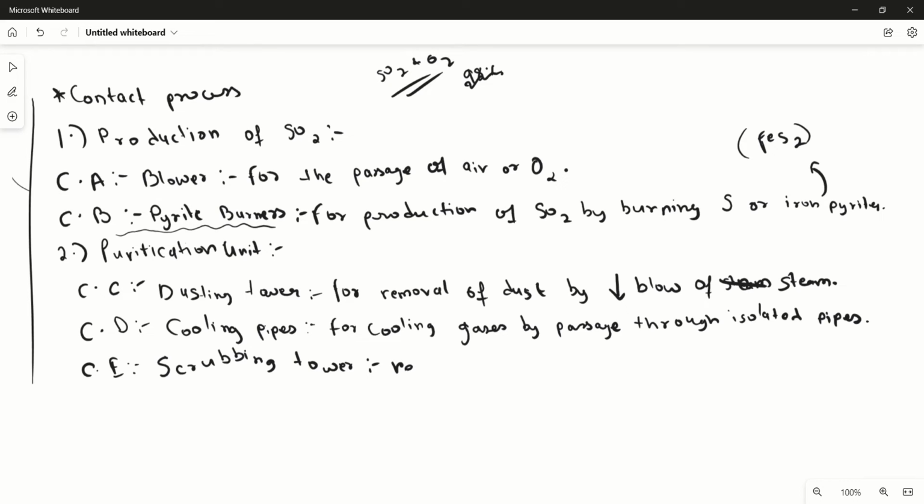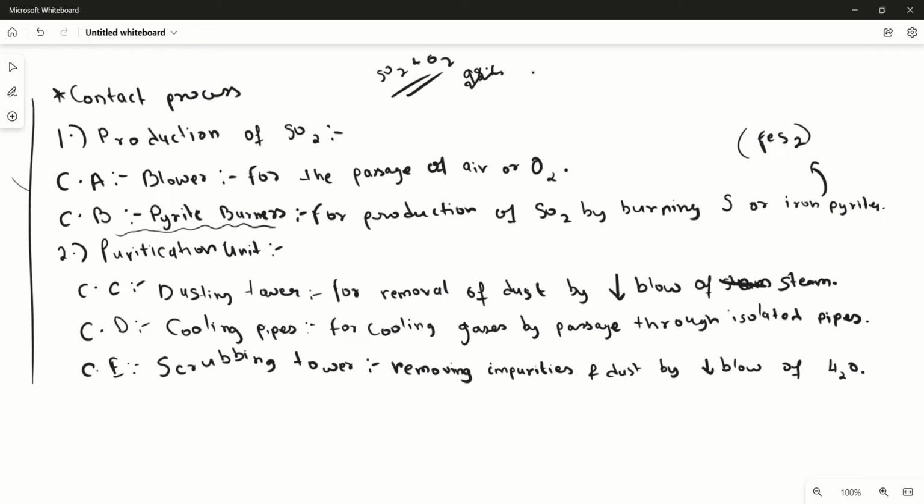Removing impurities and dust by downward blow of water.